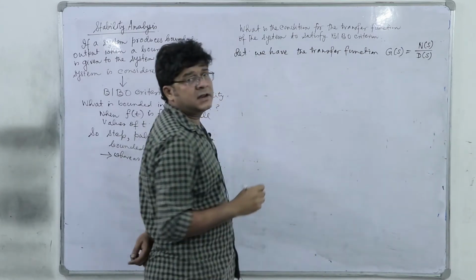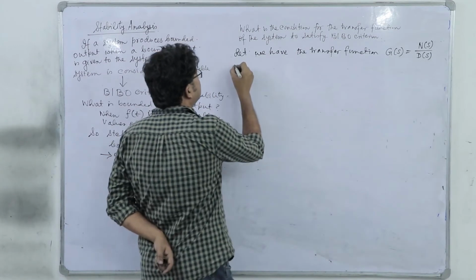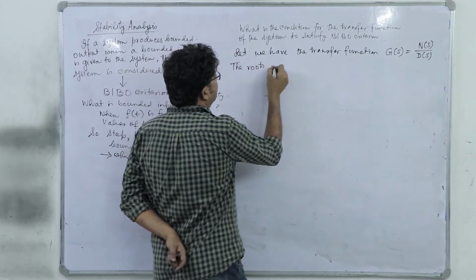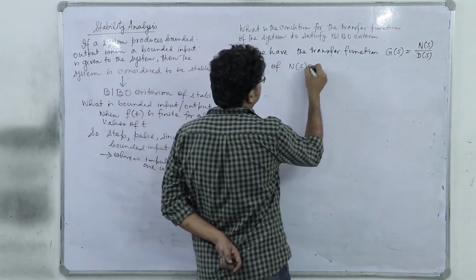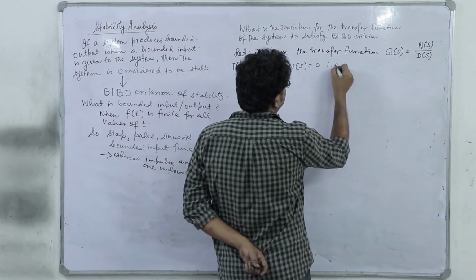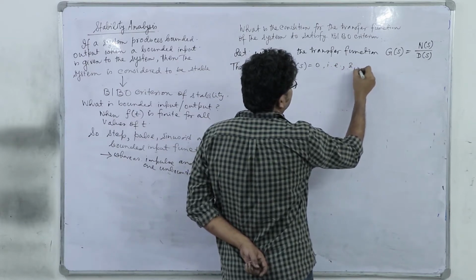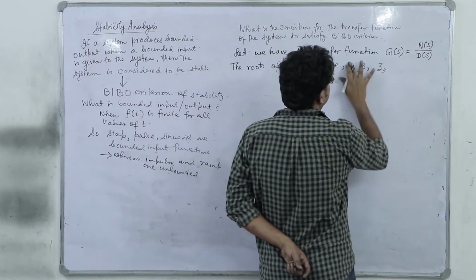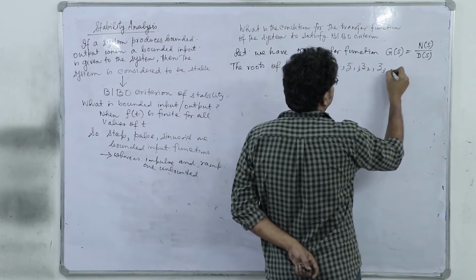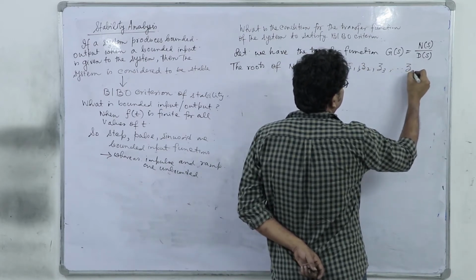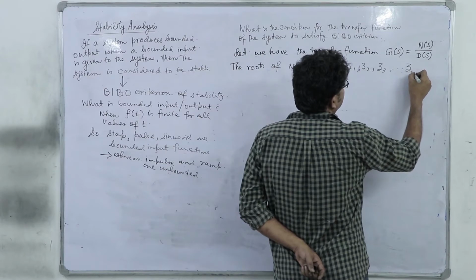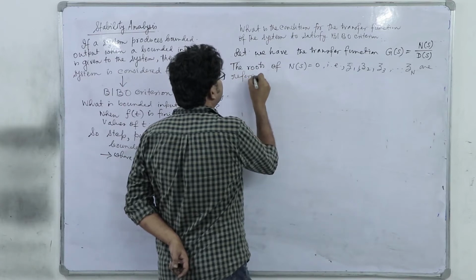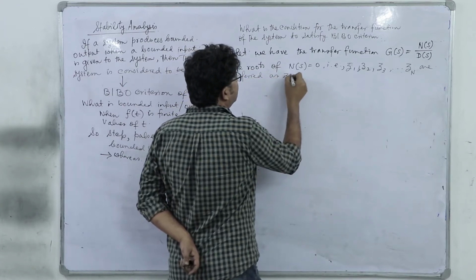Now, as we have studied in inverse response, the roots of N(s) equal to 0, that is z1, z2, z3, zn, are referred to as zeros of the transfer function.